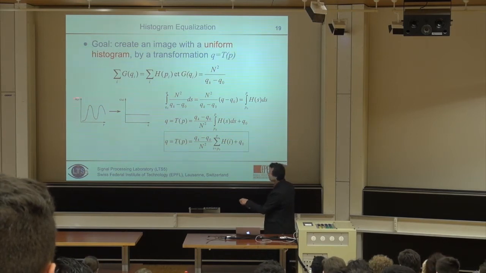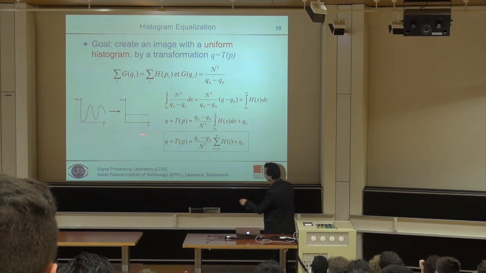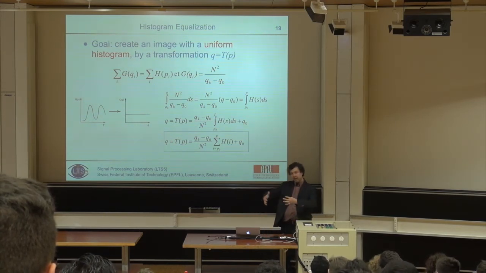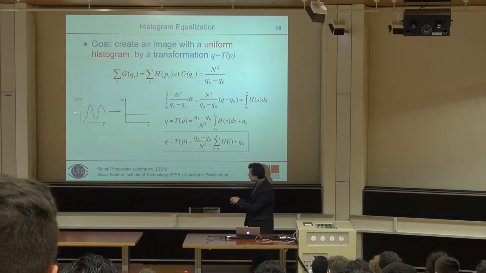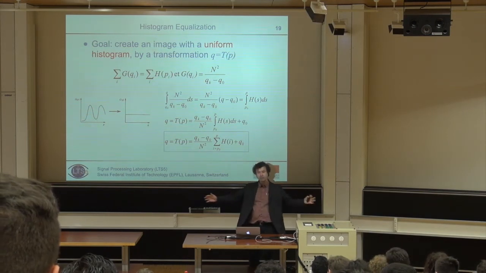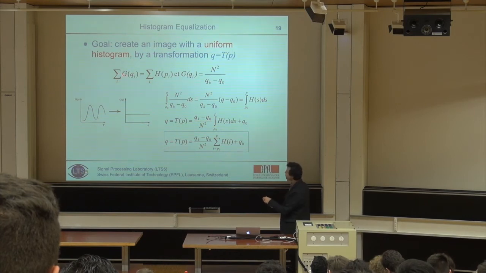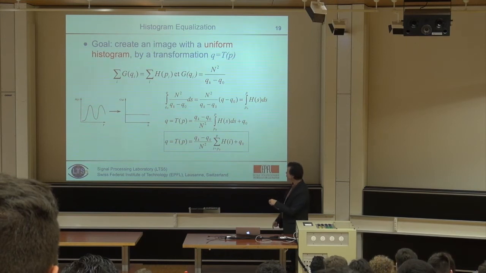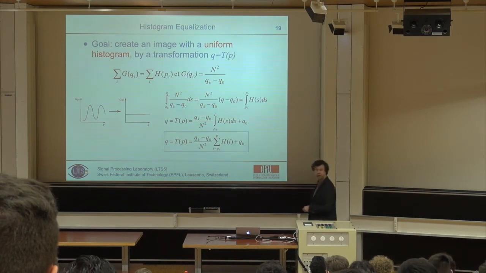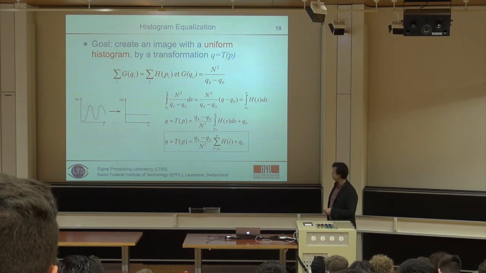From my initial histogram, I want to find a histogram that as much as possible is completely spread, and I distribute the values over the different bins in an optimal way, such that in an ideal world it should be like that. Now I take this and I rewrite it. If G is this, then the integral from the first to the last value, from 0 to 255, for instance, of my histogram is the number of points. I calculate it, and it's also the integral of the other, because of this equation.